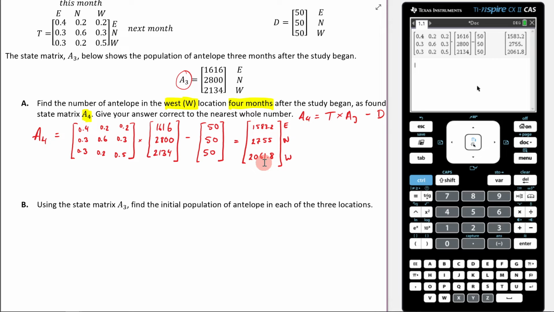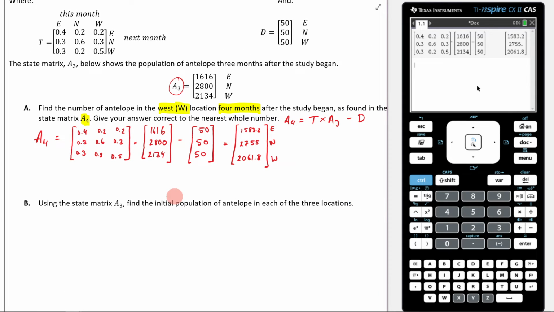So let's now write that out. I'm going to say the following. Find the number of antelope in the west. I don't have to list them all out, I can just do one.